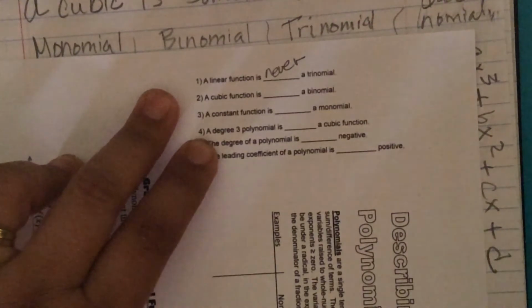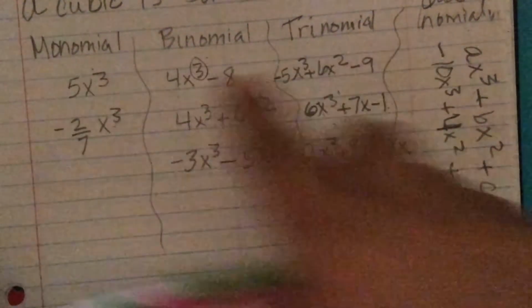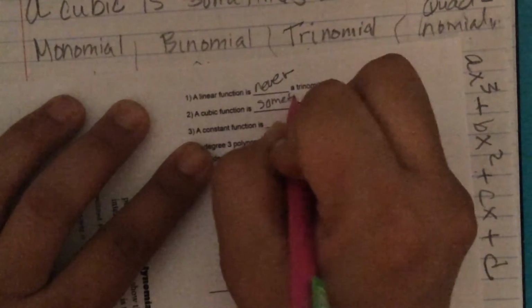A linear is never a trinomial because it could only be either a monomial or a binomial. A cubic function is sometimes a binomial, so it could be like this right here. So this would be sometimes. A constant function is always a monomial.